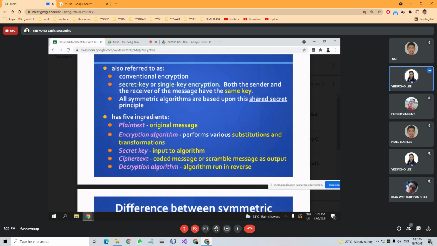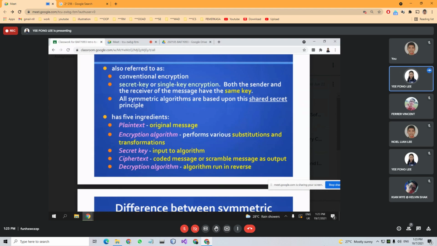At the moment, you remember this substitution. We will learn the workings of substitution later. So the secret key here is an input to the algorithm. Let's say we are using substitution. Substitution means replacement.